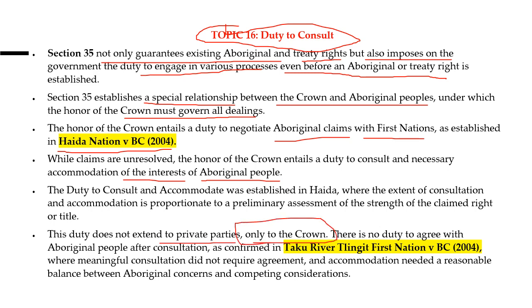So whenever there is some kind of infringement or interference with Aboriginal rights, title, or treaty, if that infringement is going to happen by the Crown, by the federal government, then it is the duty as per Section 35 on the part of the Crown to protect its honor, to save this fiduciary relationship, and to first consult with the Aboriginal people affected by that interference. This duty does not extend to private parties.